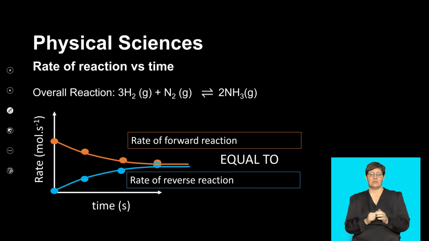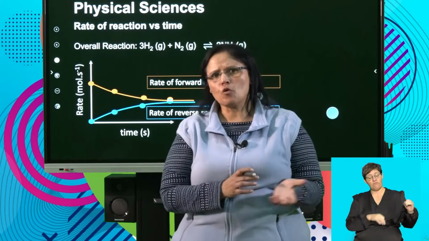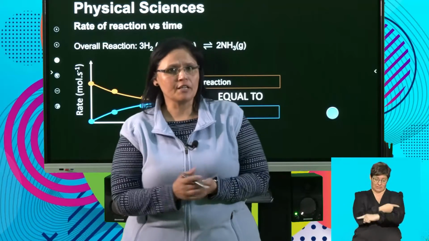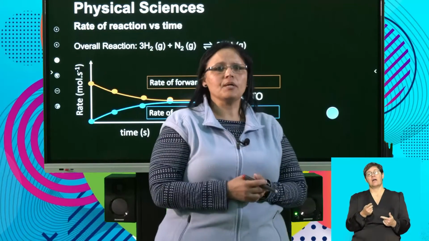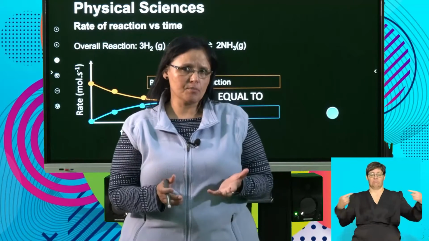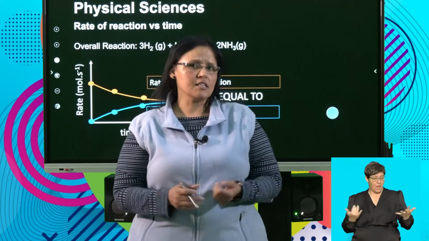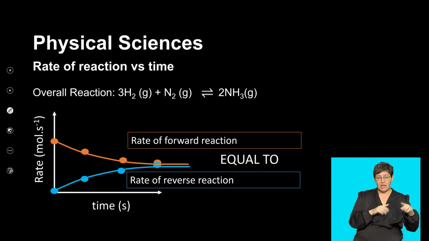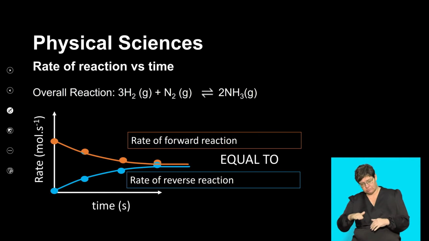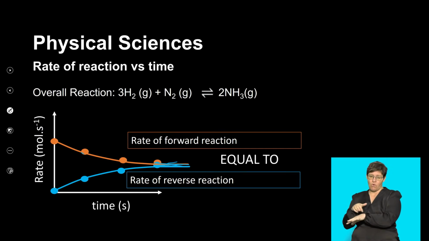Just want to take you back to the rate graph where we spoke about the rates of the reaction. We specifically looked at the rate of my forward reaction and the rate of my reverse reaction as we work up to a chemical equilibrium in a reversible reaction that is in a closed system. Last time we saw that the rate is fast at the beginning, slowing down for the forward reaction, and then at this point it remains the same.